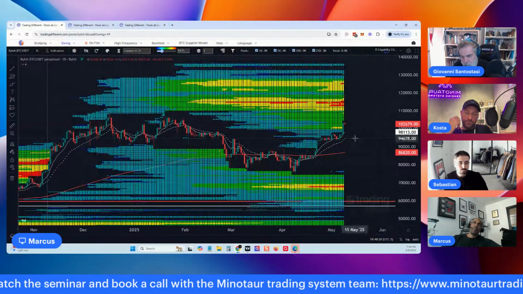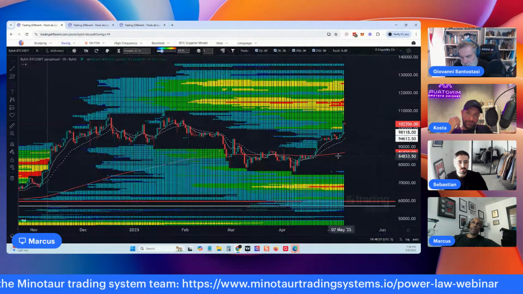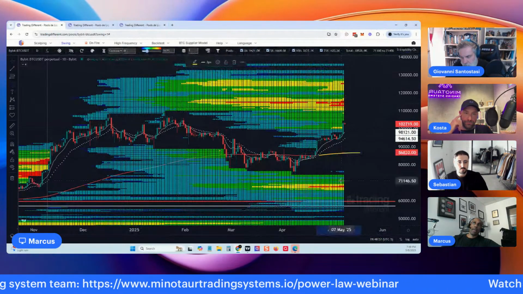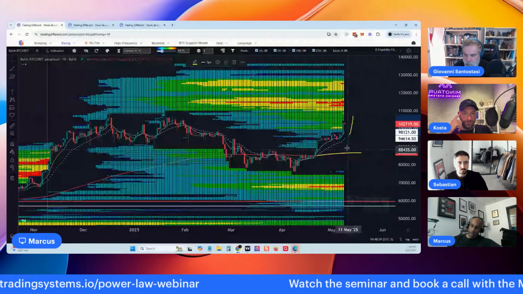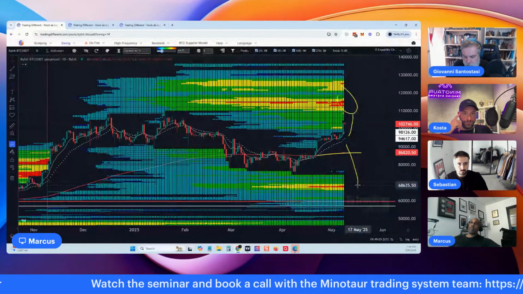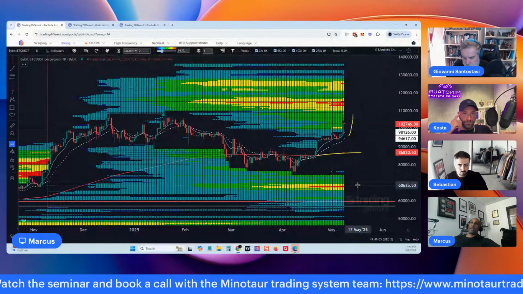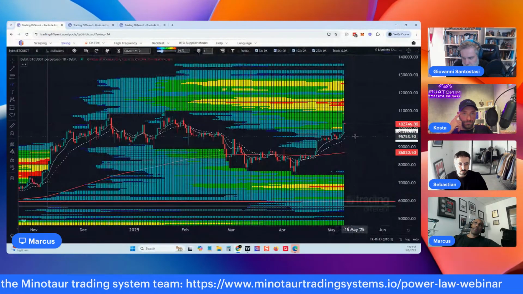These are positions that are either in positive P&L or in drawdown. The longs are positive and the shorts are in drawdown. These positions are relatively fixed, and these levels are the stop losses and liquidations of all of those positions.